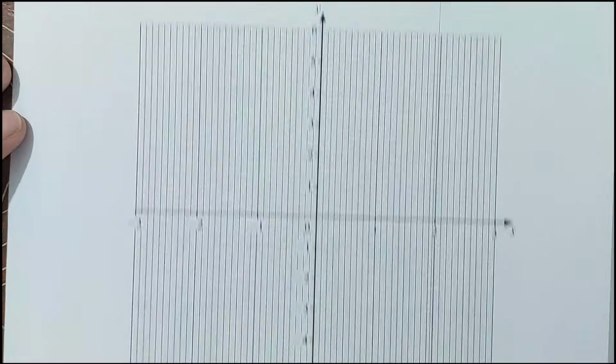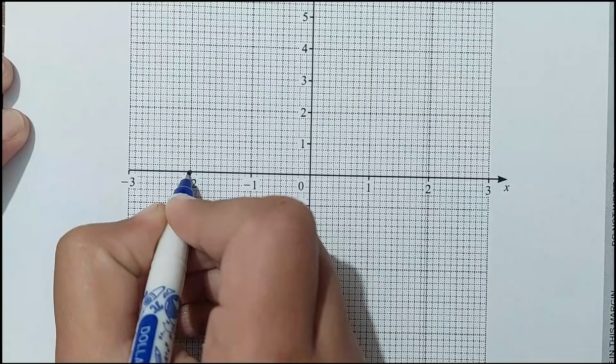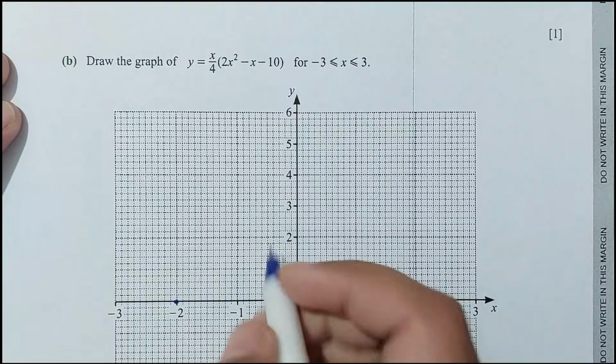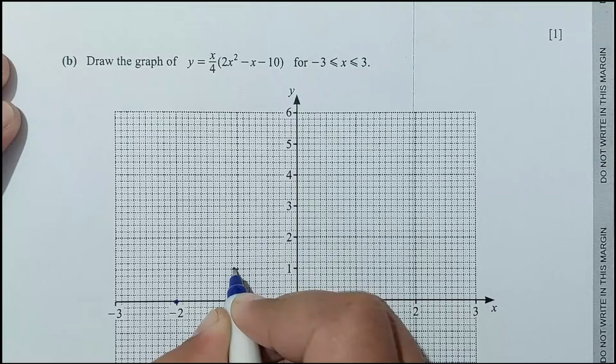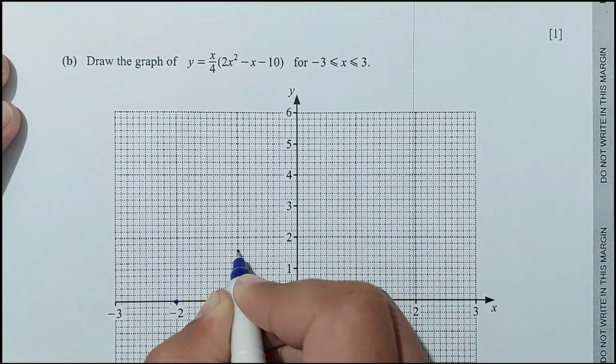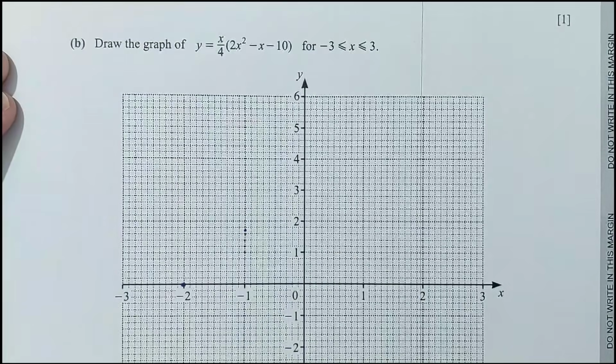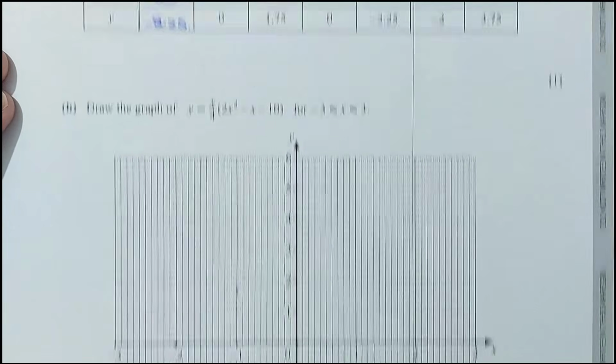Okay, -2, it's 0, this point. For -1, 1.75, this is 1, 1.2, 1.4, 1.6, 1.75 is this number. 0, it's 0. Okay, 1 and -2.25.